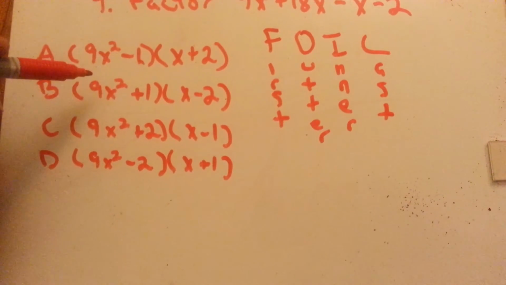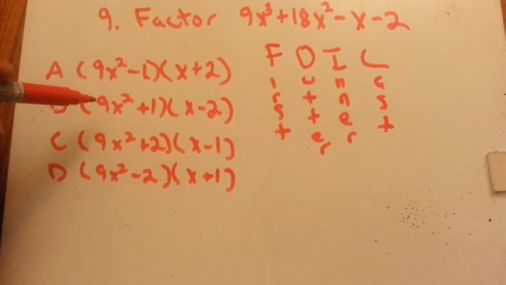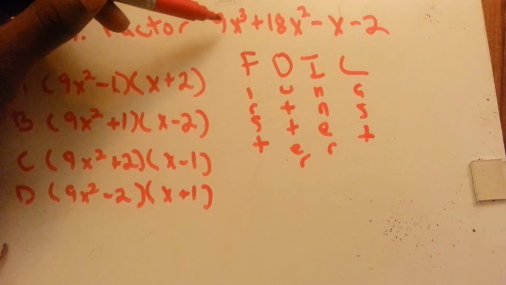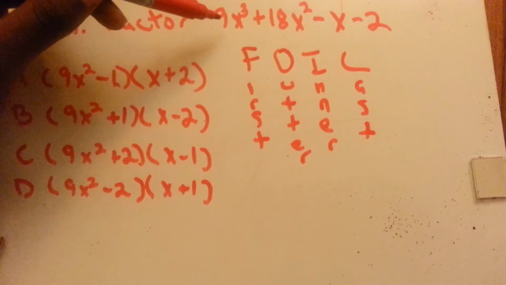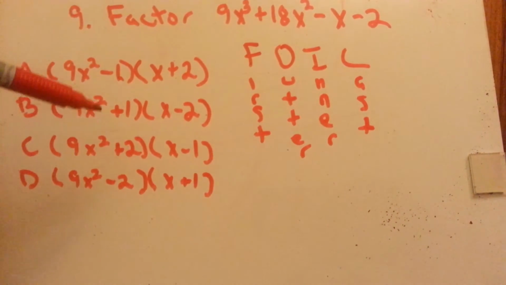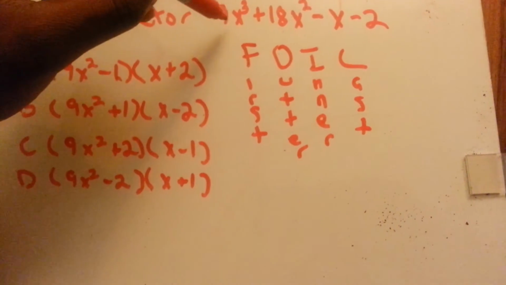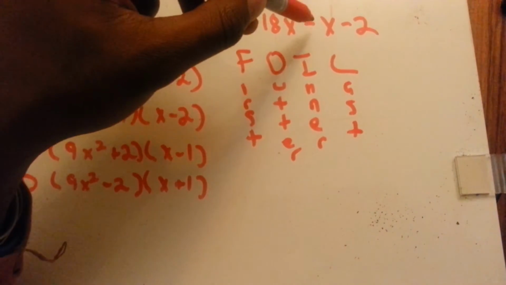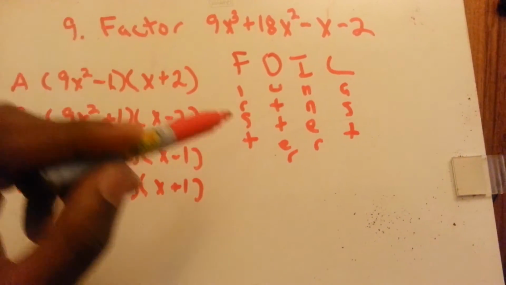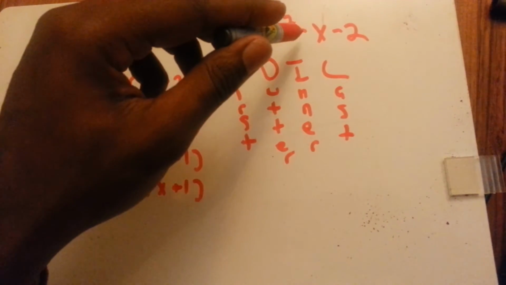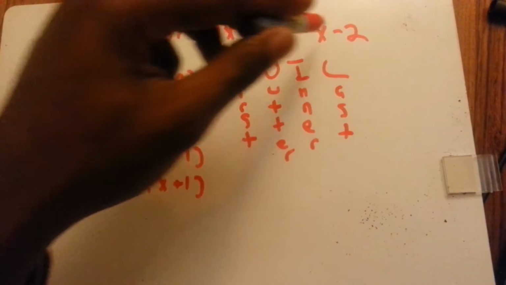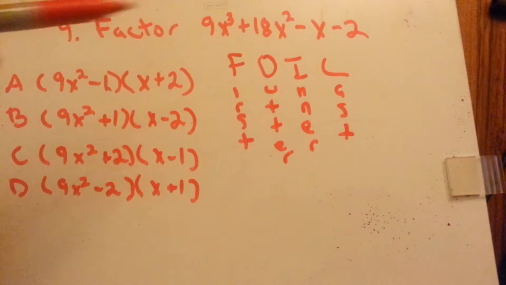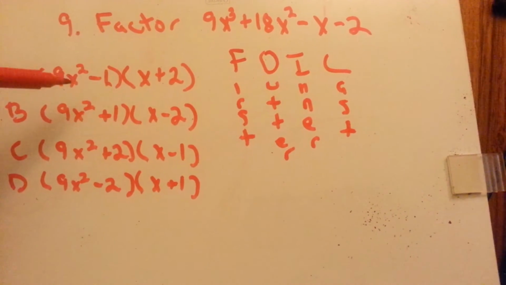So we have to look at the answers, and what I would do is look at the answer up here to see what I can rule out from my list of options over here. And I see that I have a 9x cubed plus 18x squared minus x minus 2. With those two negatives at the end, I know that I'm going to have one positive and one negative for the second part of my binomials.